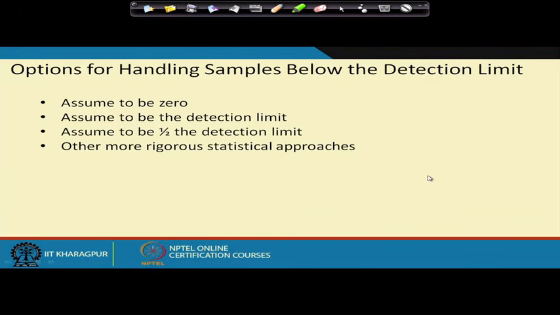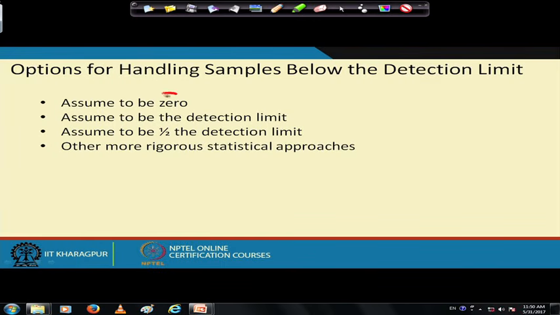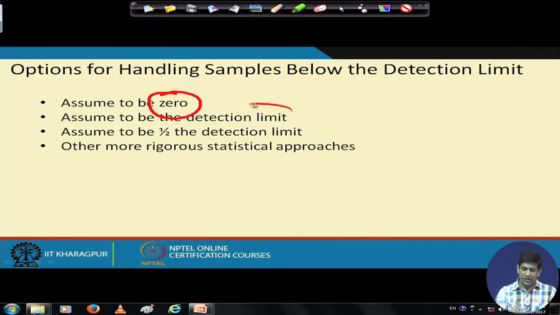Sometimes they assume it to be 0. They put the 0 there, which is not really true, and it is rarely used. Some will use the detection limit itself. That again goes to a slightly higher side because the value may not be the same as the detection limit if it is below that. In many places, the most common thing is to use half the detection limit.